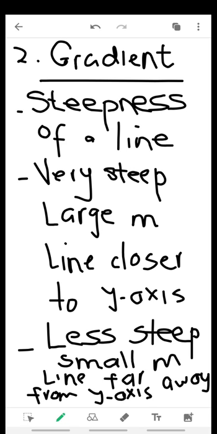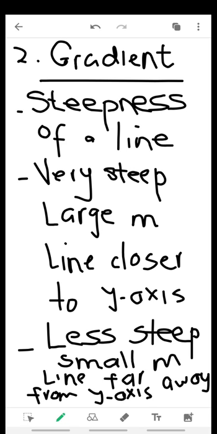So let's look at the notes. We said gradient focuses on the steepness of a line. When we have a very steep line, what does that tell us? It means we have a large M, where M stands for gradient. We have a large gradient, and this means the line is closer to the y-axis.